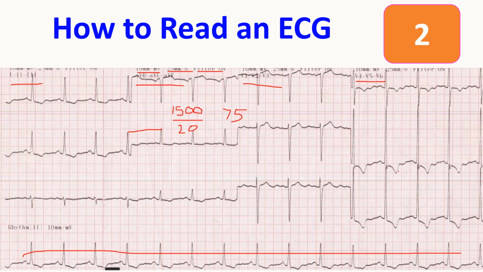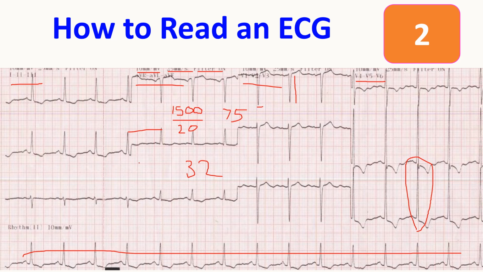Now the striking abnormality in this ECG are the tall R waves. The QRS complexes are very tall. That is because of left ventricular hypertrophy. Here the R wave amplitude is about 32 millimeter in V6 and there is a prominent S wave here in V1.